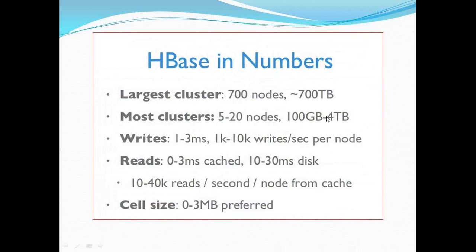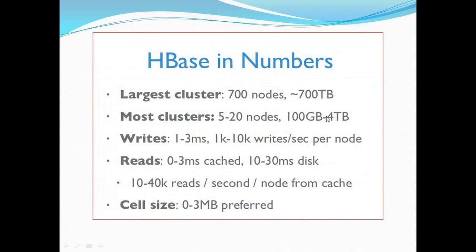These are just high level numbers. Individual experiences might differ, but this is to give you a high level perspective of what type of clusters and volumes we are talking about. Reads, writes, in milliseconds. It gives you a fairly good number, at least to keep in mind while designing or thinking of HBase as a solution to store the data.